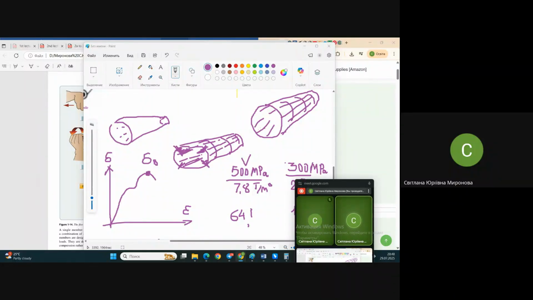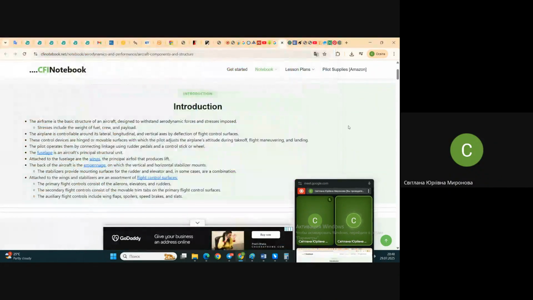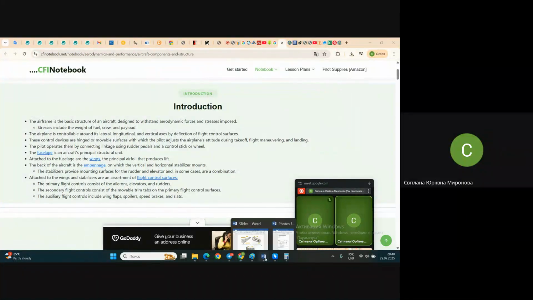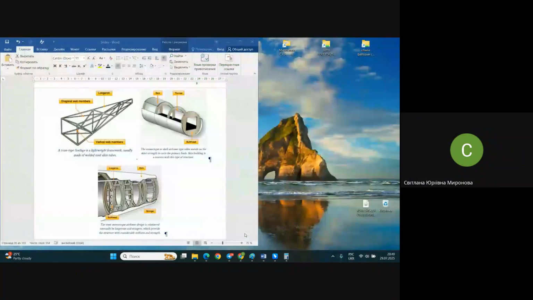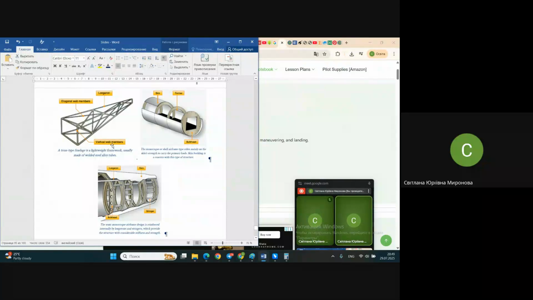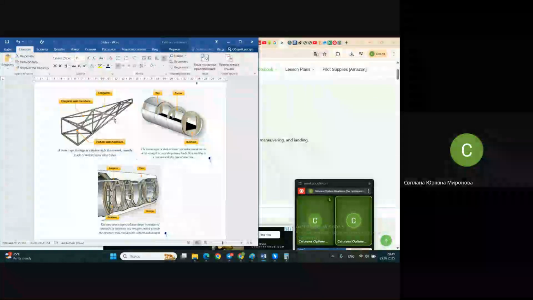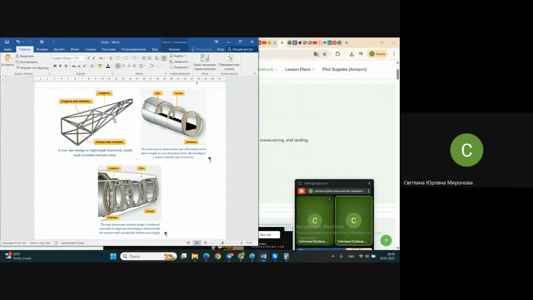What we are talking about is that this truss-like structure is more weight effective for low speed aircraft. When aircraft fly with low speed, aerodynamical forces are not big.